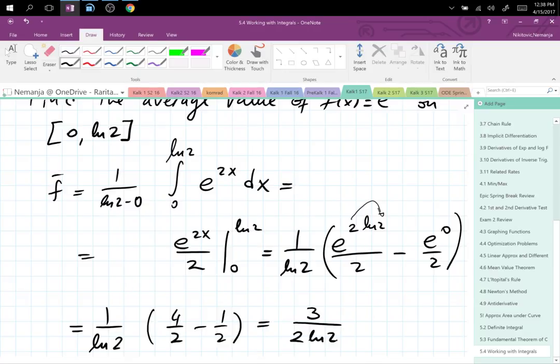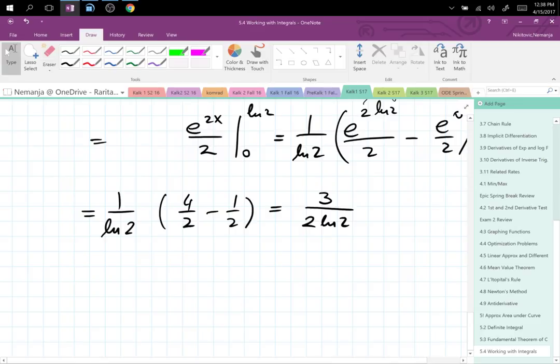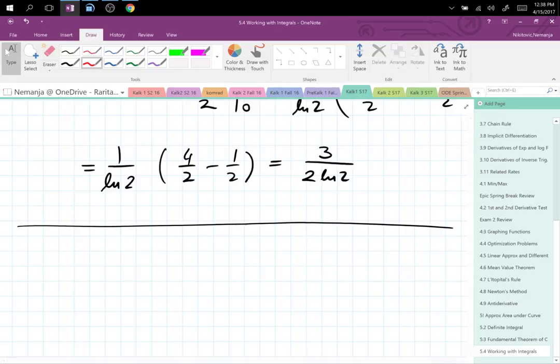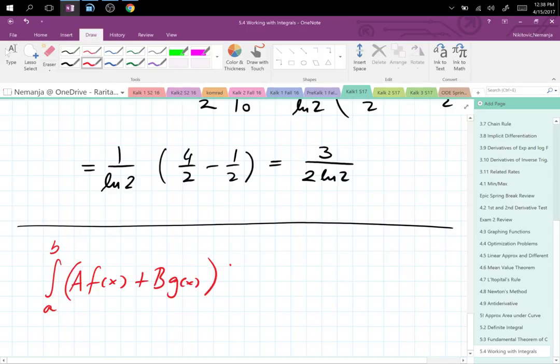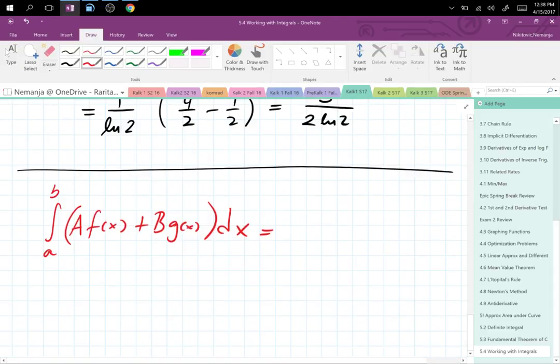Cool. Now I just want to make Eli happy with the linear formula. So if you have an integral from a to b of, I don't know, constant a times f of x plus constant b times g of x, all of that dx, you can kick the constants out: constant a times the integral of f of x dx plus constant b kicked outside times the integral of g of x dx.